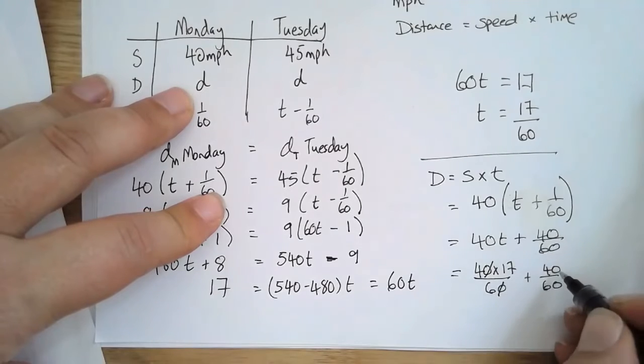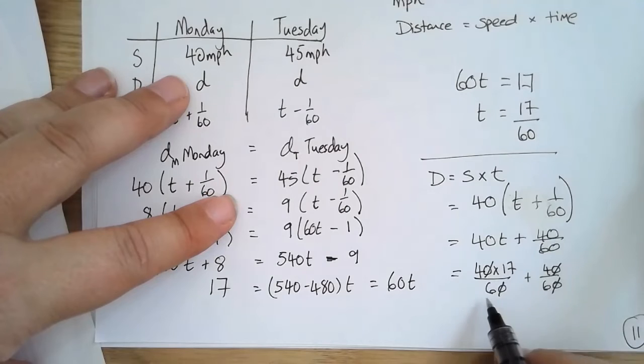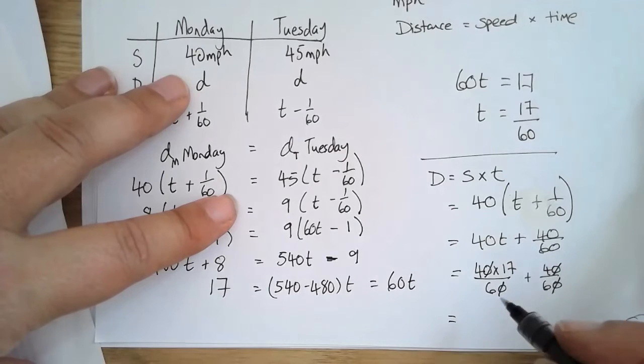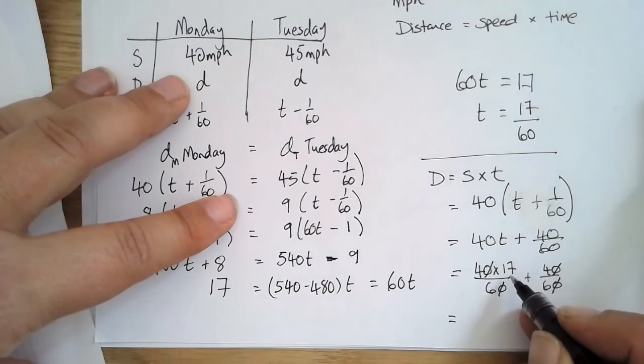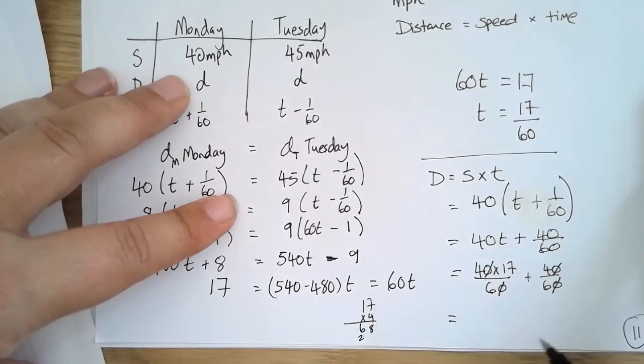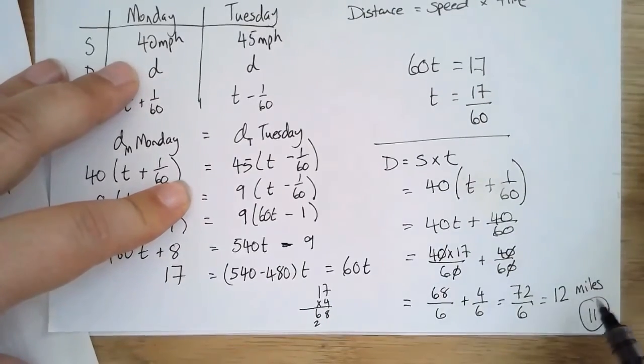I can take a factor of 10, I can divide both fractions by 10. Then I've got a 6, that's lovely, because then I can add those together nicely. 4 multiplied by 17 is 68, plus 4, over 6, which gives us 72 divided by 6, which gives us 12. So the answer is 12 miles.